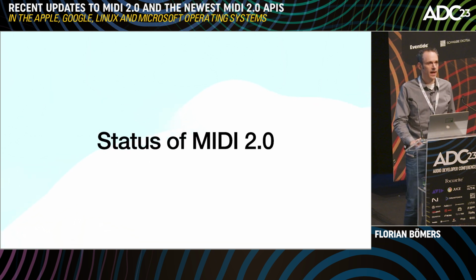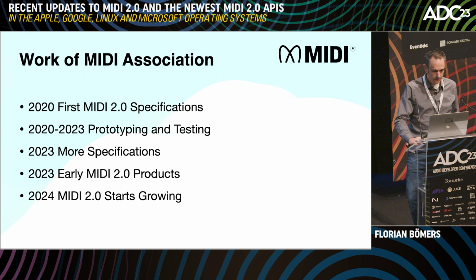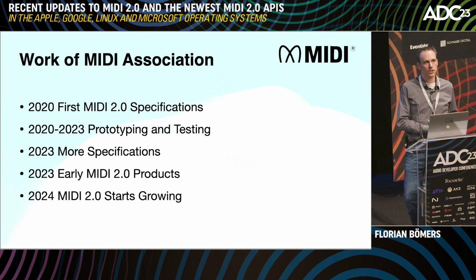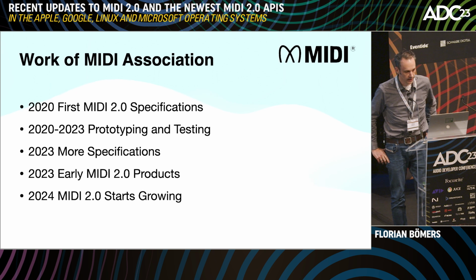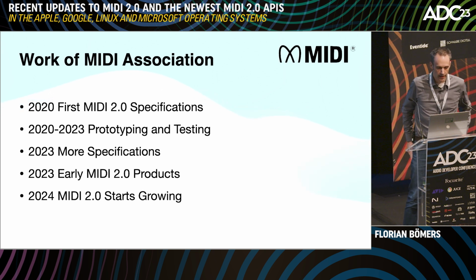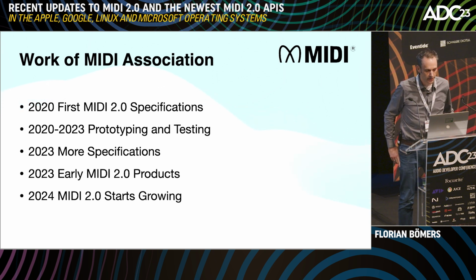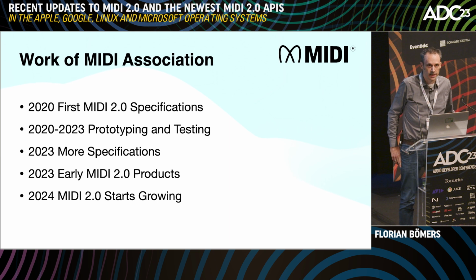So the current status of MIDI 2.0 is mainly defined by the work of the MIDI Association, which creates and releases the standards. In 2020, the first MIDI 2.0 specifications were released. And that was followed by a period of mainly prototyping and testing.